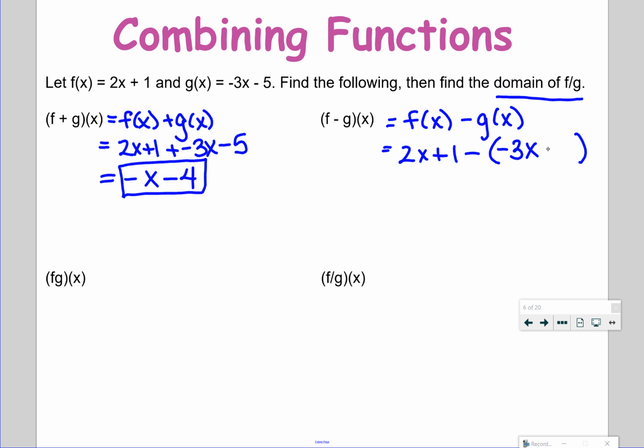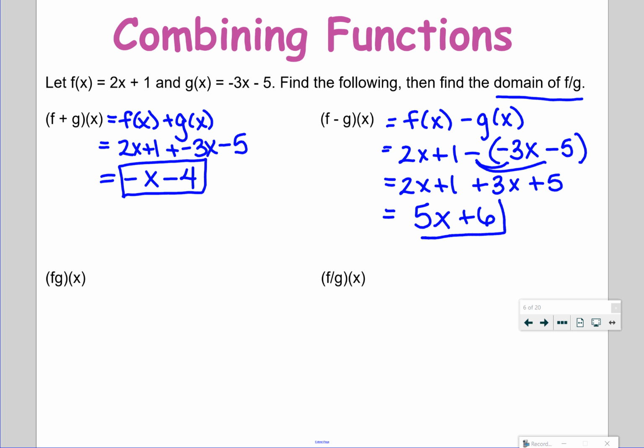So I'm going to put function g of x in parentheses, distribute my negative, 2x plus 1 plus 3x plus 5 when I distribute my negative, and then we add together like terms. 2x and 3x give me 5x, 1 and 5 give me positive 6. And again, that new function is our answer.